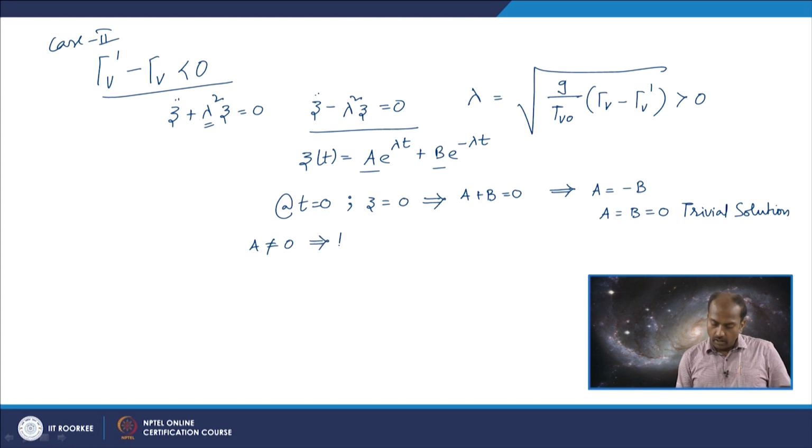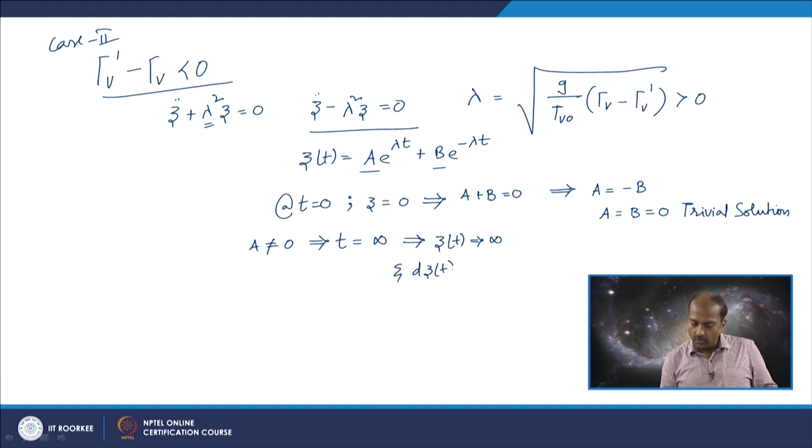If you take it, then when t tends to infinity, if you go on increasing the time, you will realize that z of t, the position, also tends to infinity, right, and the change of position with respect to time, the velocity, is A lambda e to the power of lambda t, right. So, now this is non-zero, so the velocity is non-zero.